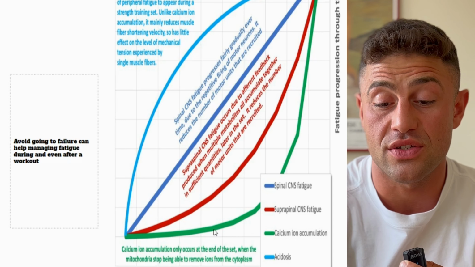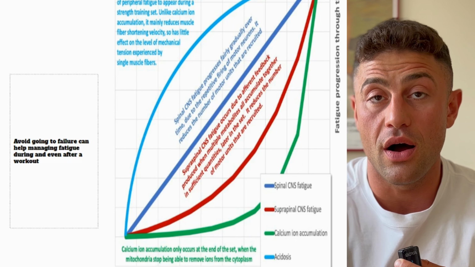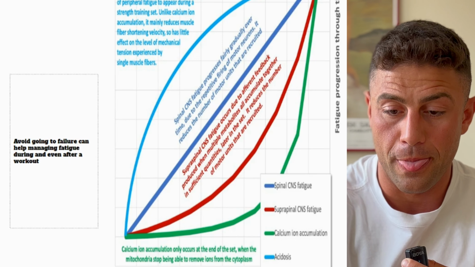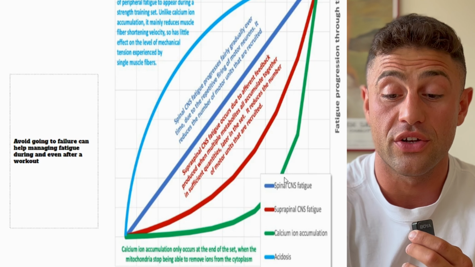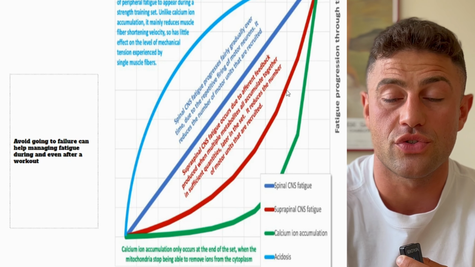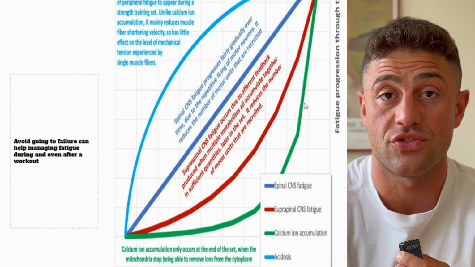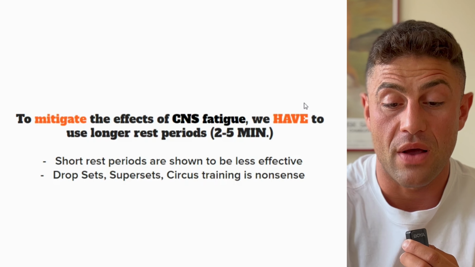Calcium ion accumulation spikes up at a slower rate and it stays up for a longer period of time. That's why leaving a rep or 2 in the tank is going to make sure that we don't create as much calcium ion accumulation, while we don't have to worry so much about supraspinal fatigue because it's going to drop down if we have longer rest periods. Now, what does that mean?